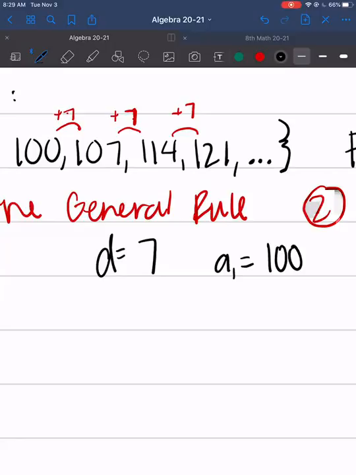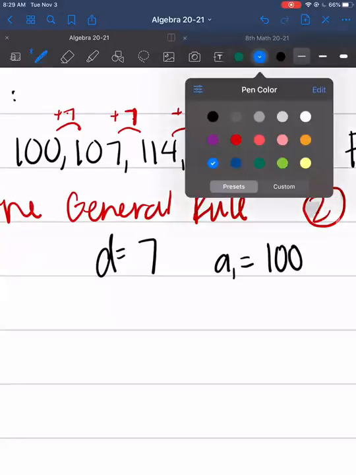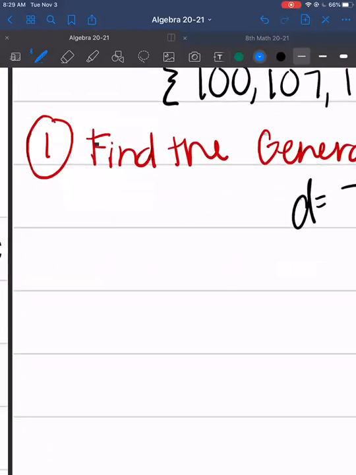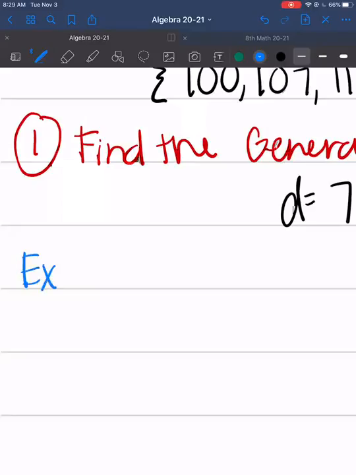So let's talk about our explicit, if we're going to find using the explicit.